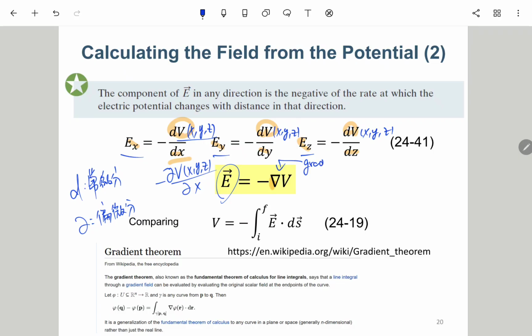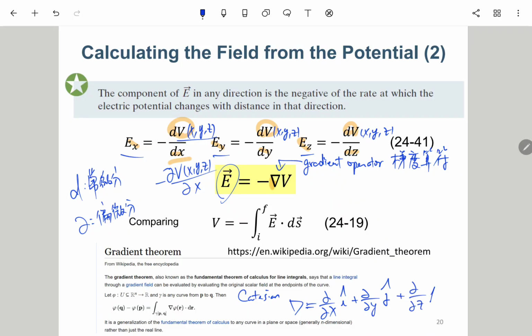In Cartesian coordinates, the gradient will be partial x i hat plus partial y j hat plus partial z k hat.